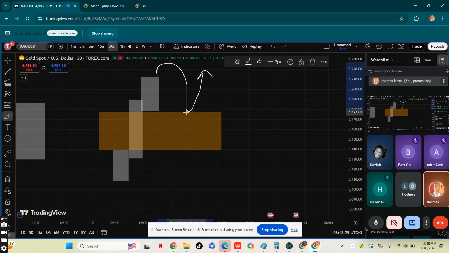Most of the time, not all the time. So if this market decides to buy, then all of a sudden it decides to drop, you can wait for the market at this fair value gap. At this level, you can prepare yourself to click a buy, because you know this market will be rejected back and reversed at that level.